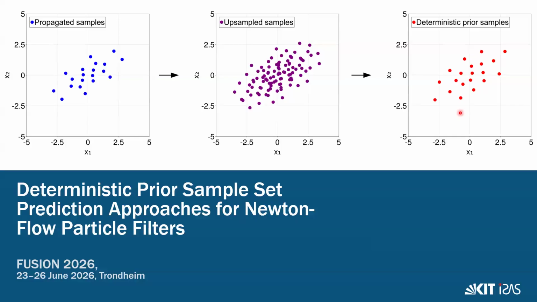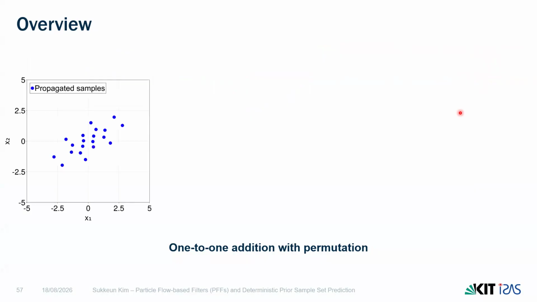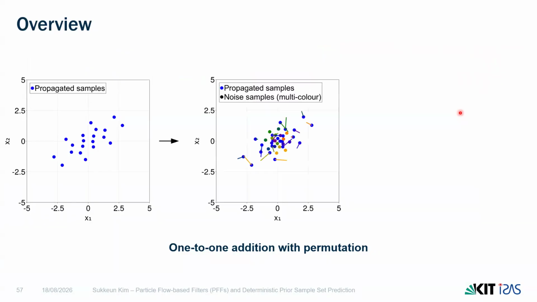It was presented at Fusion 2026 in Trondheim. I will just go quickly, and you can have a look in detail in the papers. There are three approaches we proposed. The first one is one-to-one addition with permutations, which we simply call OAP. Let's say we have propagated samples, time propagated using the dynamics.